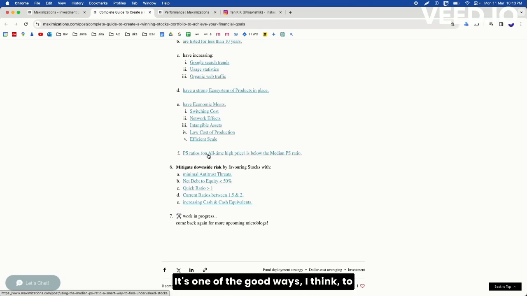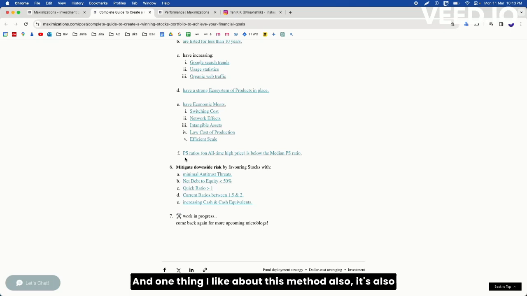This is one of the latest blogs that I just posted. It's one of the good ways, I think, to evaluate if the company is undervalued or not. And one thing I like about this method also, it's quite simple compared to a lot of other valuation ratios I've used and been exposed to in the past as well.